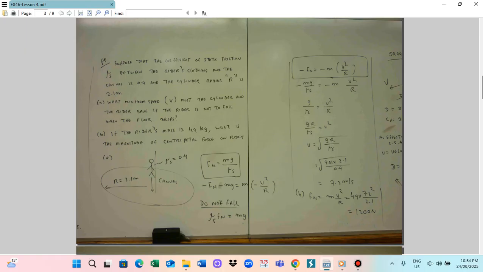So we calculate and what we get is g by mu s is equal to v squared by r. So g r by mu s is equal to v squared, so v is the square root of g r by mu s. The gravitational acceleration is 9.81, the radius is 2.1 and mu s is 0.4. Then we get the velocity, which is 7.2 meters per second.